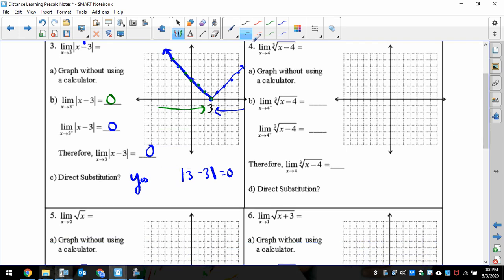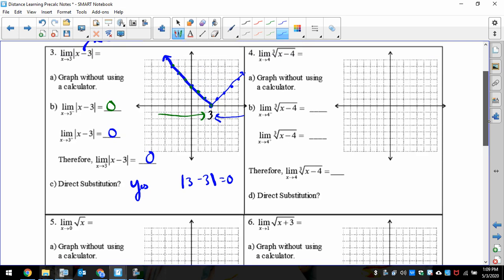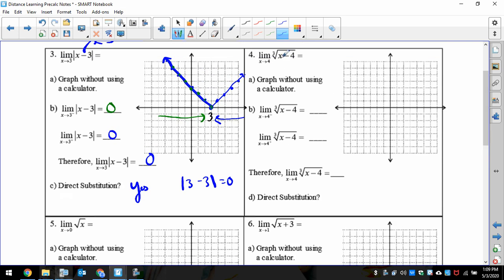There's nothing mysterious here. For all continuous functions, the answer will just be plugging it in. Except, I guess, we'll see down here for the square root graph, which is a little unique, but continuous on its domain, I guess I should say. But anyway, we'll look at those.